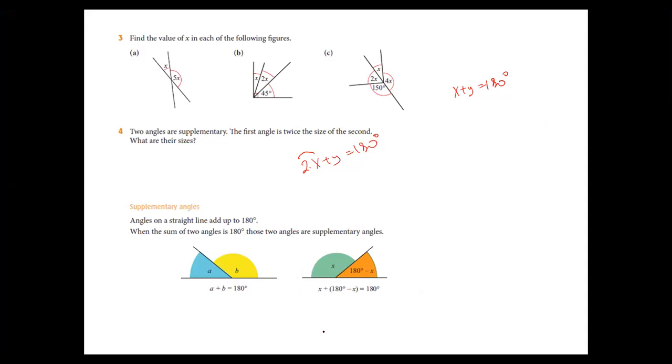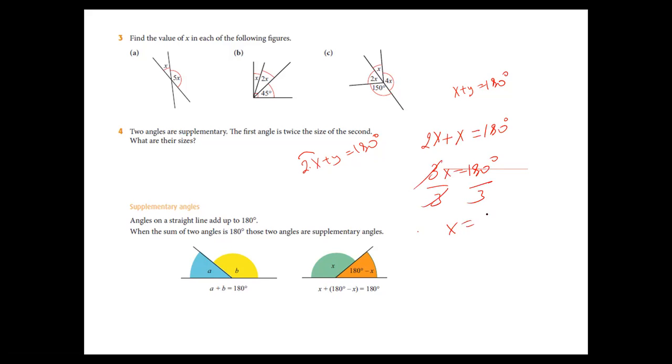Okay, let's go on. So what was the problem? The first angle is twice the size of the second. Or you can write the same like terms: 2x plus x is equal to 180. From here, you can find x, then you can find y also. 3x is equal to 180 degrees, and you divide by 3.